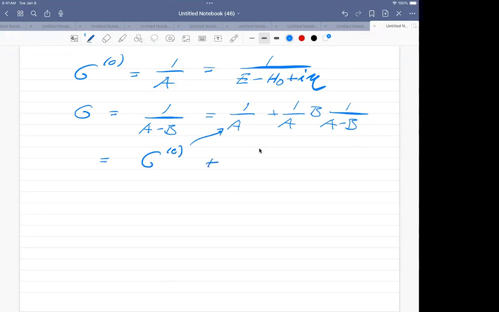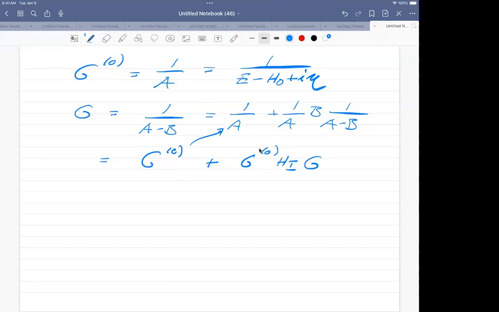And then I have plus G0, and this is multiplied with my interaction piece. And then what I have next is actually the Green's function. So if you look at this one, this is nothing but my Green's function. So I can rewrite this in a very compact way, like multiplied with G.